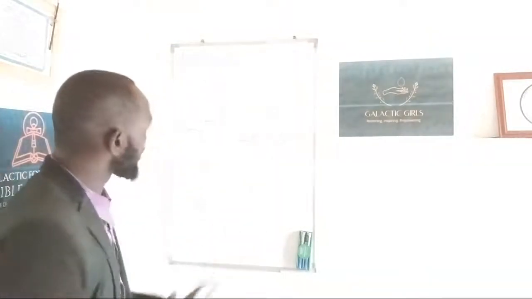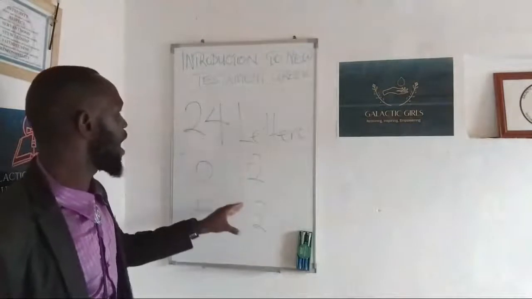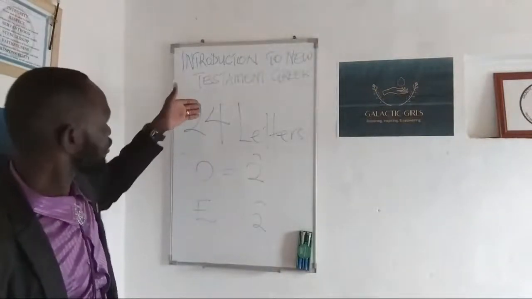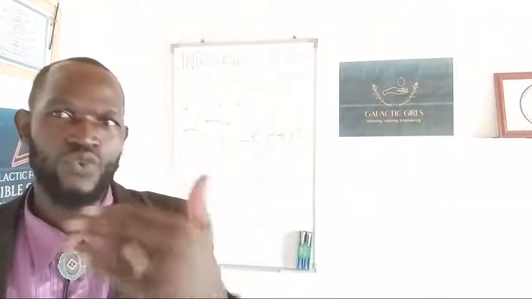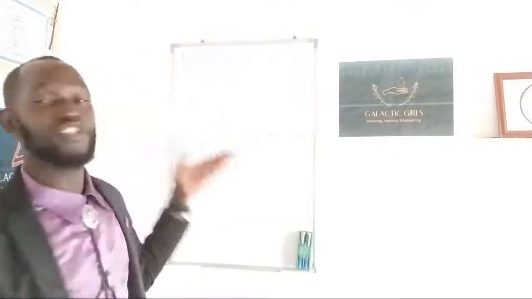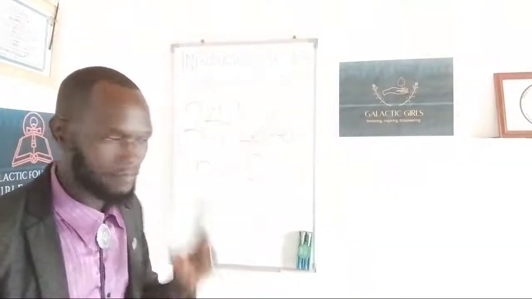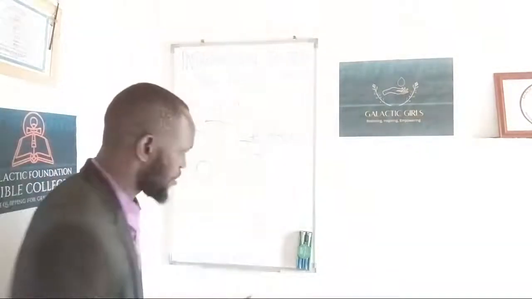Already out of the 24, if you remove two others, the actual unique letters similar to the English alphabet would be 22, literally. This is very important to note.